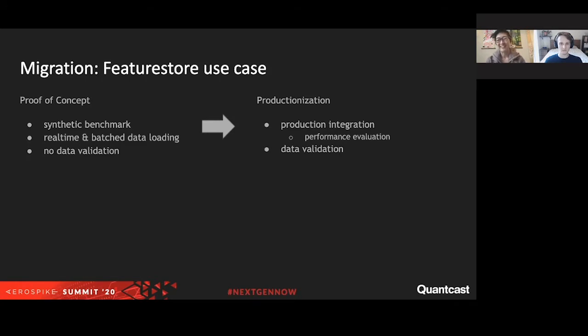We had initially thought that our proof of concept would involve trying to run this in our production and just making the queries but not using the data. But because we were running this proof of concept during the holiday period, and for advertising, the holiday period is where we do a whole lot of business because that's when everybody's buying things, so that's when everybody's trying to show ads to make people buy things.